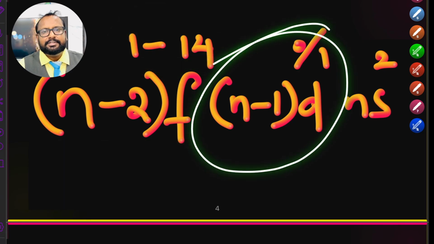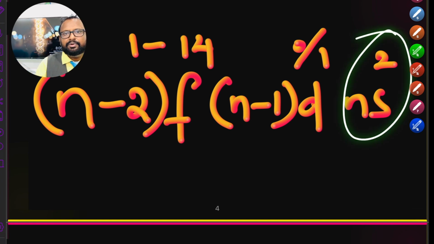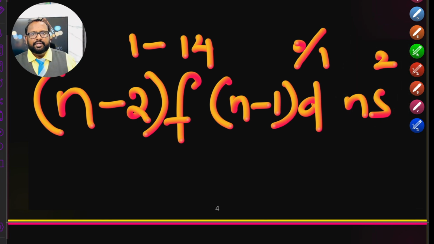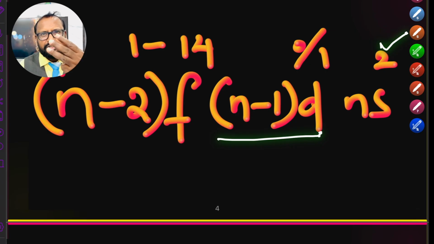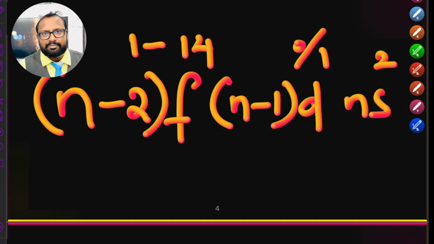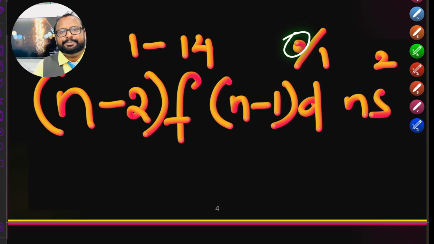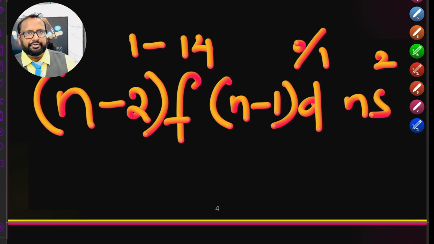The n-1 d has 0 or 1 electron, and ns2 has 2 electrons, so in the nth shell, 2 electrons fill up. In n-1 d, only 3 elements have this 0 or 1 configuration, and the remaining 11 elements have 0, with n-2 f having 1 to 14.